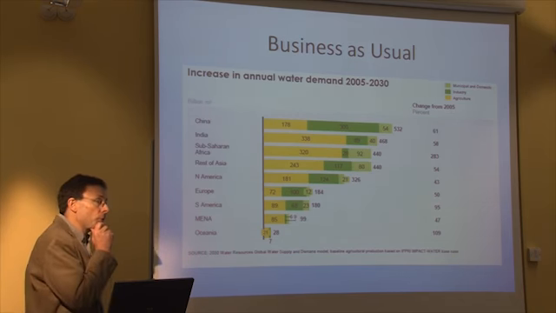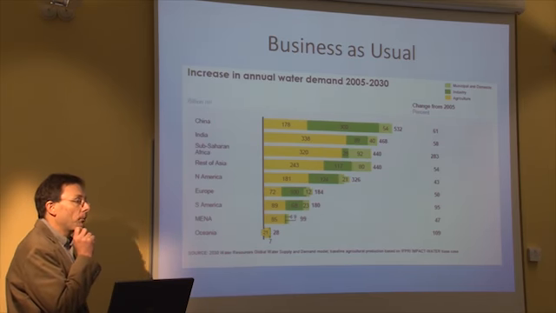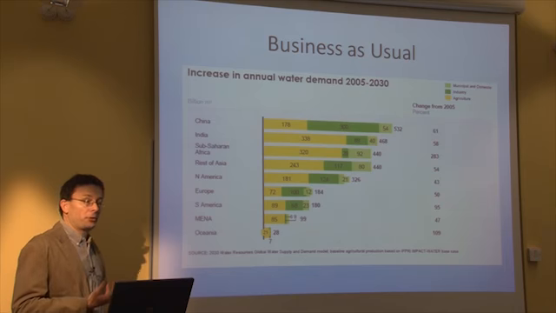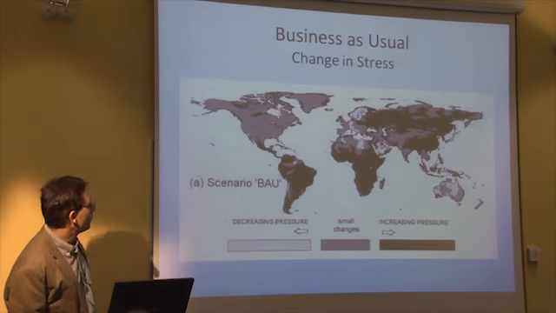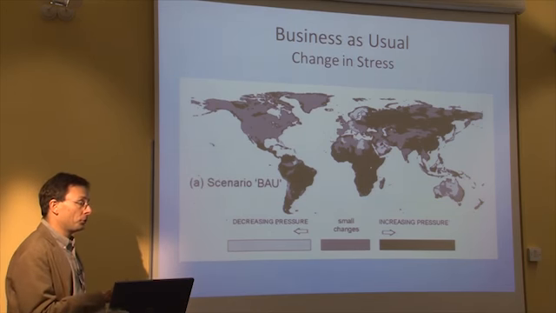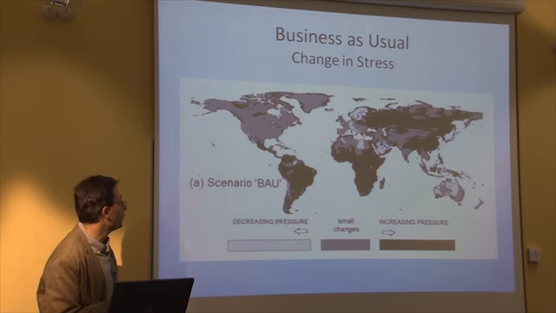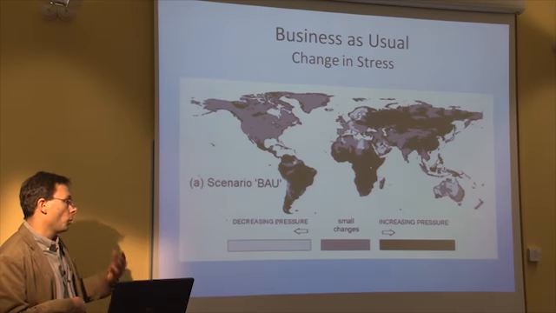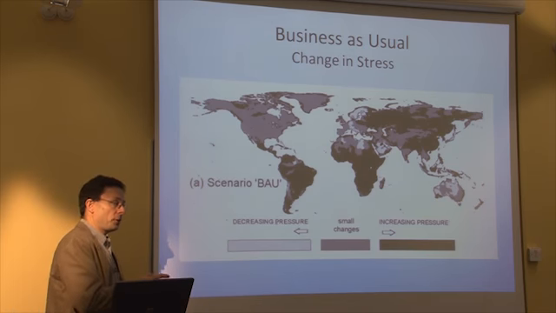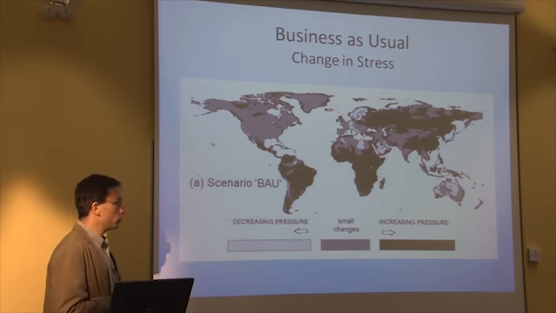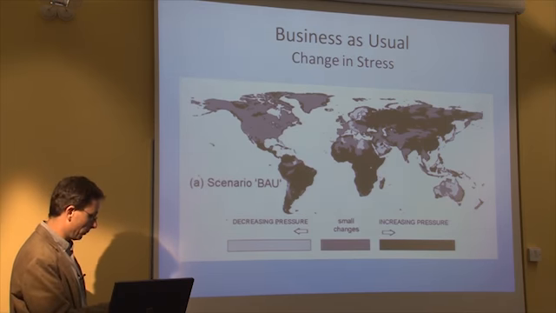So what does that mean in terms of water scarcity? If we take figures like that and apply those water scarcity metrics that I showed earlier. Well, here's one example. Taking a business as usual scenario, slightly different from the previous one because this is a different study, this shows where you get increasing pressure in terms of the ratio of demand to available water, where you get decreasing pressure, and where you get very small changes.